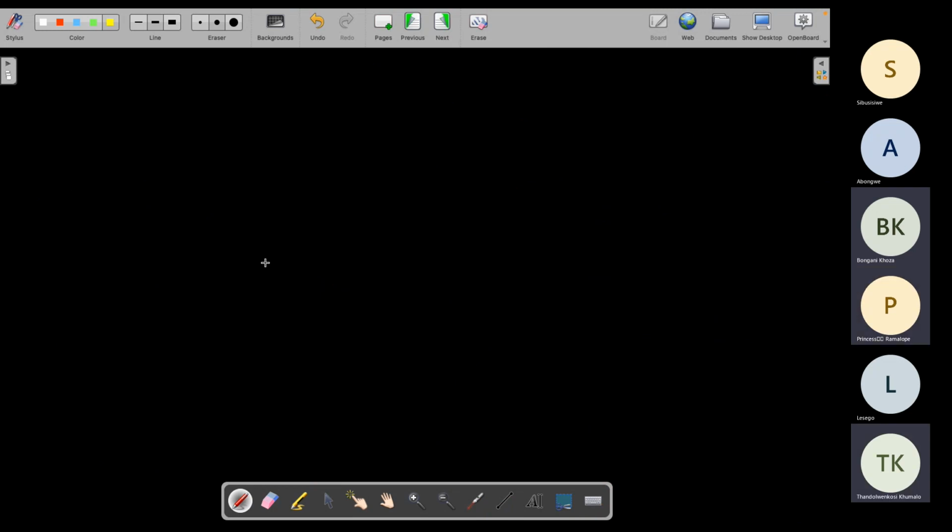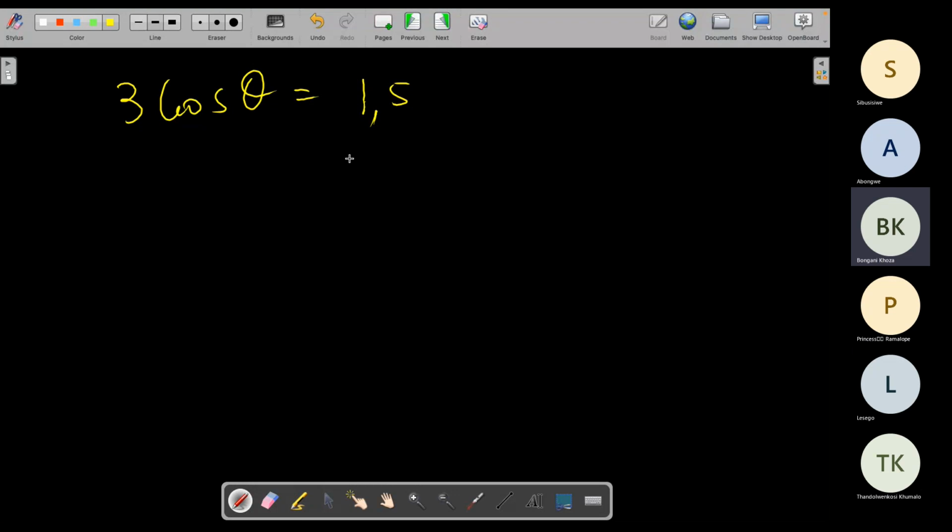Okay. Yes. So let's try this one. So we are given this. So it's 3 cos theta is equals to 1.5, like that. Right. So we are supposed to find the value of theta.